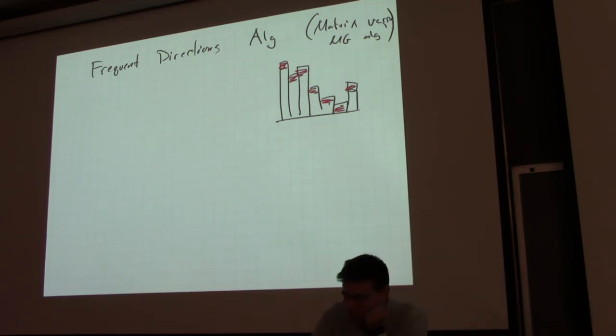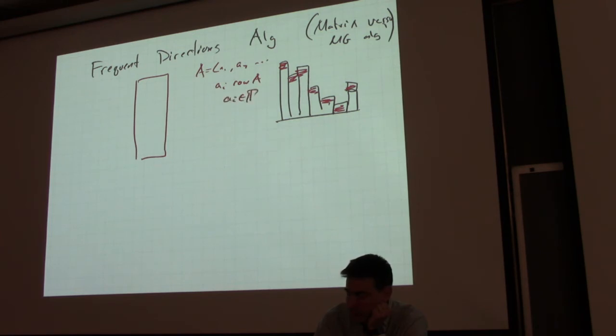Okay, so now I'm going to be thinking about the stream as the rows. So A1, A2, and so forth, where Ai is now going to be a row of A. So Ai is going to be in R^d, and A is going to be n by d.